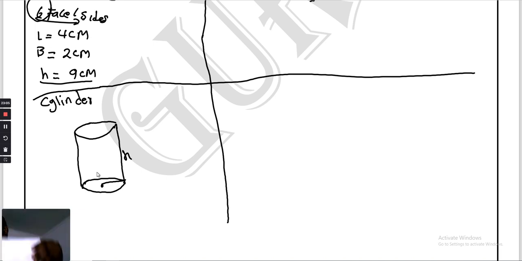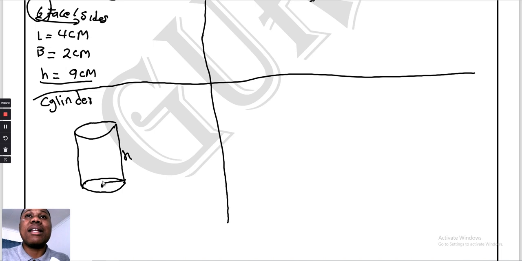Now, there's something that I want to emphasize here to show what is a cylinder and what is happening in a cylinder. I want people to observe. When we are talking about a cylinder, guys, the formula might end up confusing people, but I just want to explain the formula thoroughly.